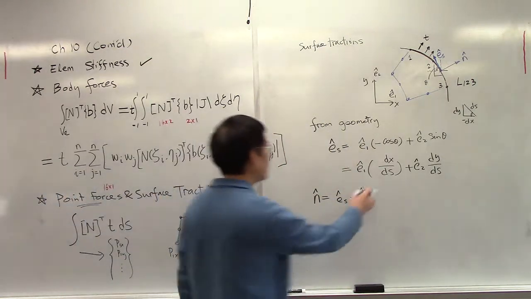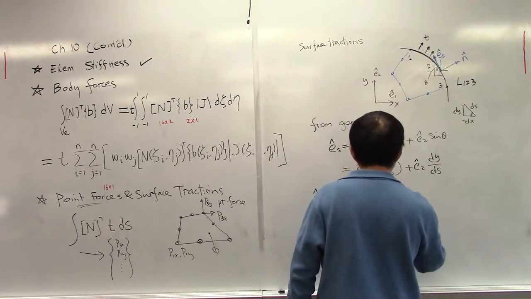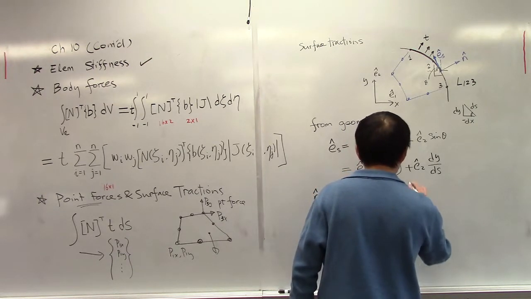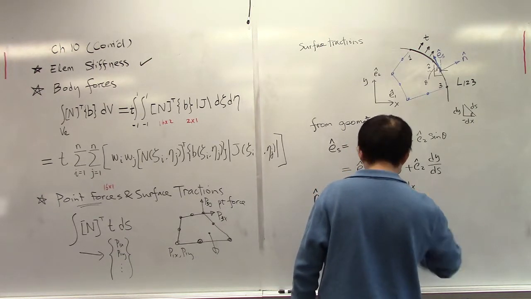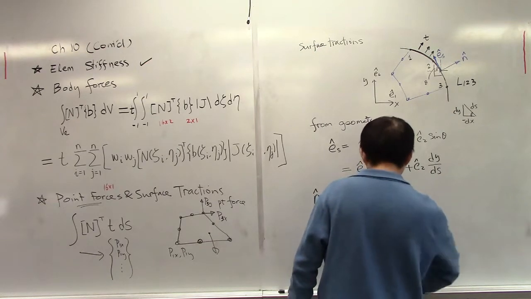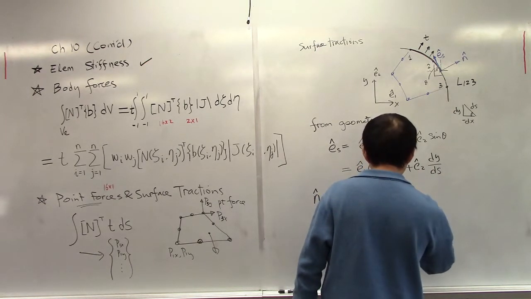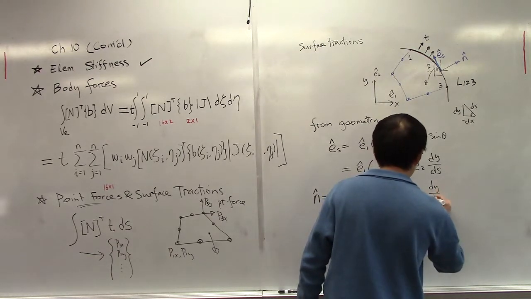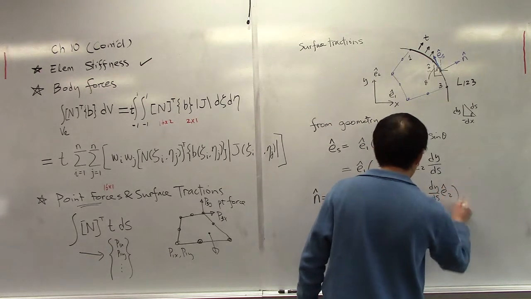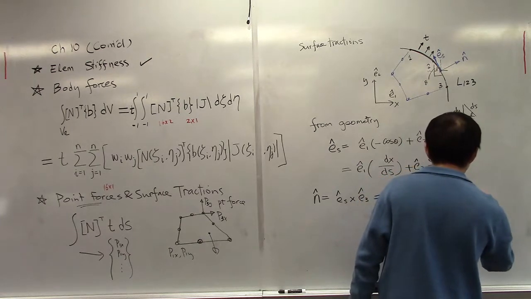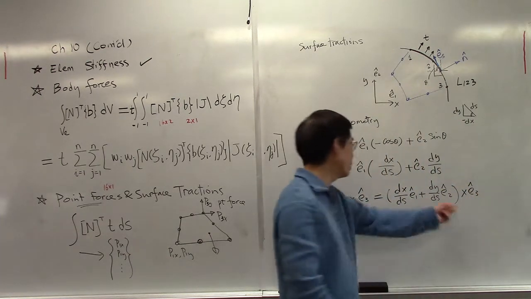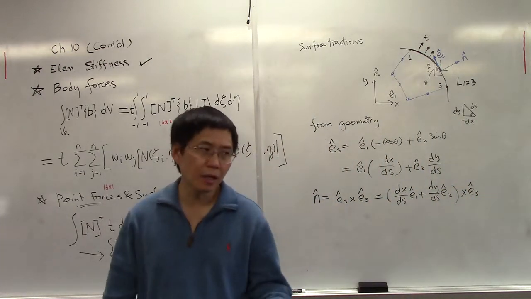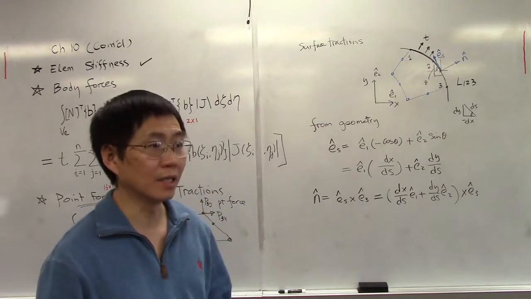All right, so let's put this in. This will be dx/ds E1 plus dy/ds E2, and then cross E3. And then you put this in, E1 cross E3 is what?